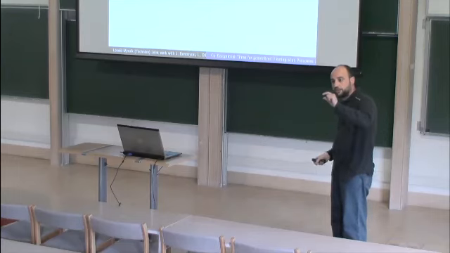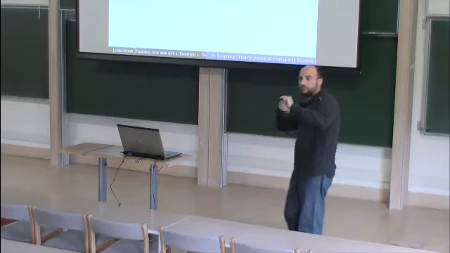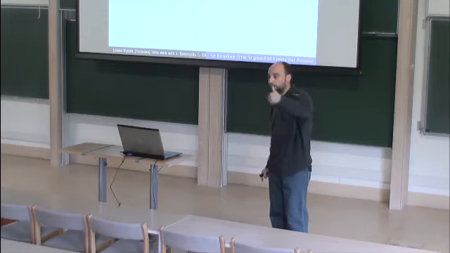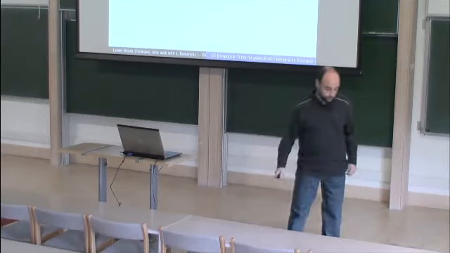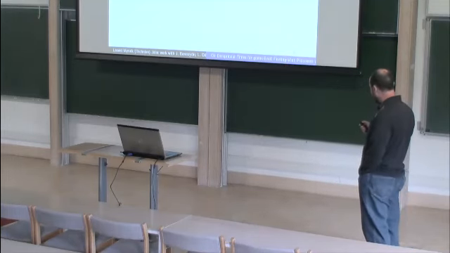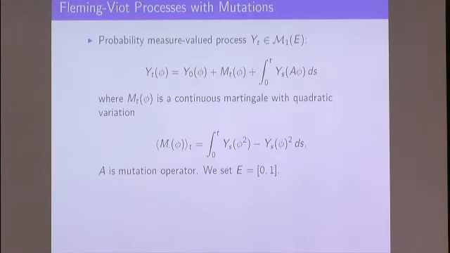If you have one particle of type A and other particles of other types, and the particle of type A decides to take another type, the type A disappears. So the number of types can only decrease.